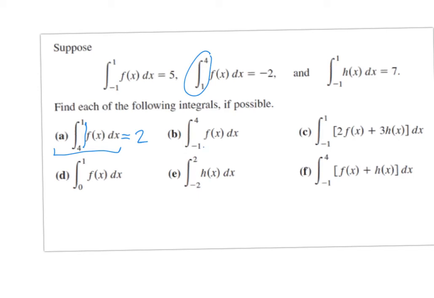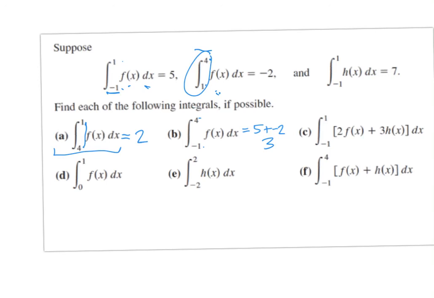Going from negative 1 to 4, well, we know from negative 1 to 1 and from 1 to 4. If I join these two pieces together, that would take me from negative 1 all the way up to 4. So I would think about this as 5 plus negative 2, just so I can see those pieces separately, and that would be 3 as an answer.